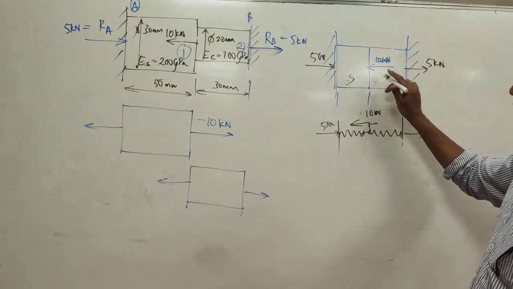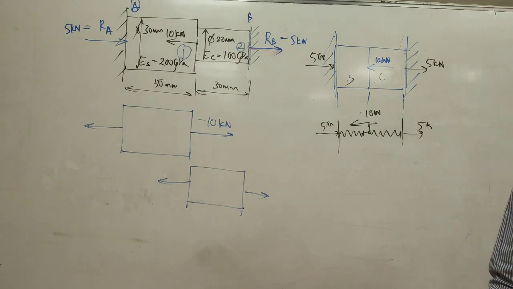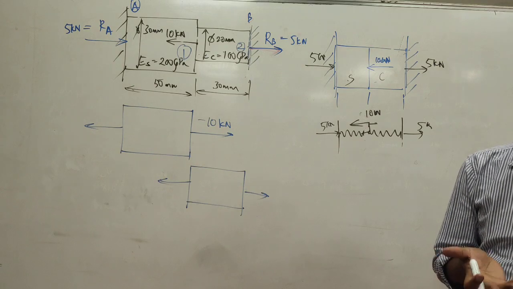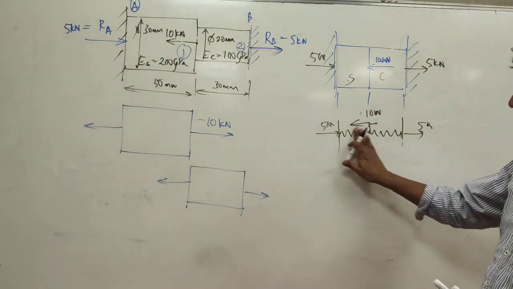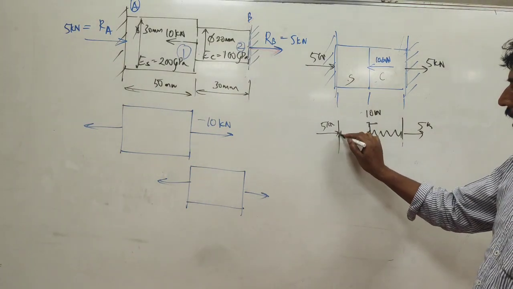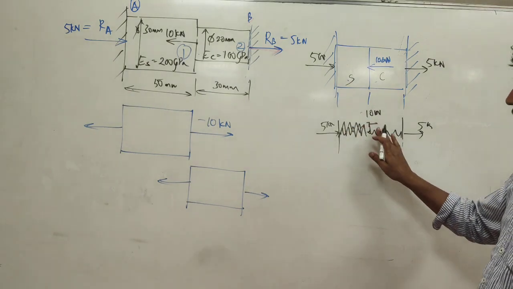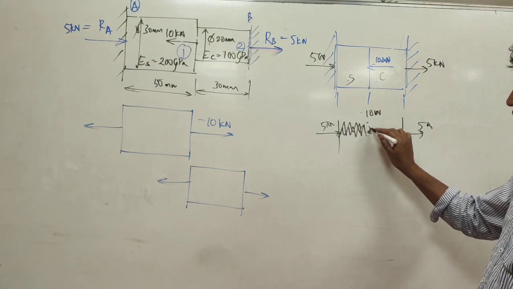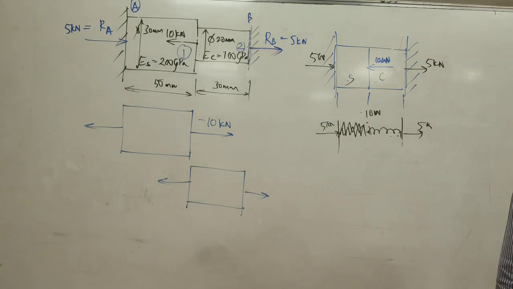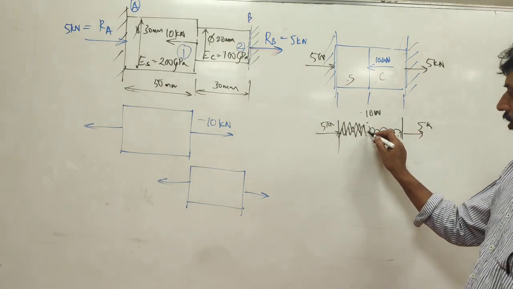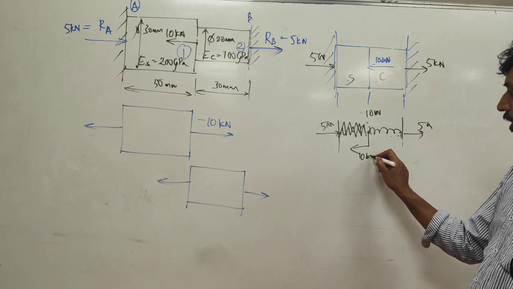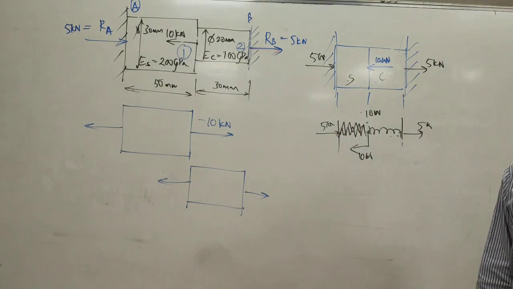Suppose this is copper. Copper is not as stiff as steel. So on the left hand side you will have a very stiff spring, and on the right hand side a very soft spring. If you apply a load of 10 kilonewton, which spring will transmit more force onto the ends?